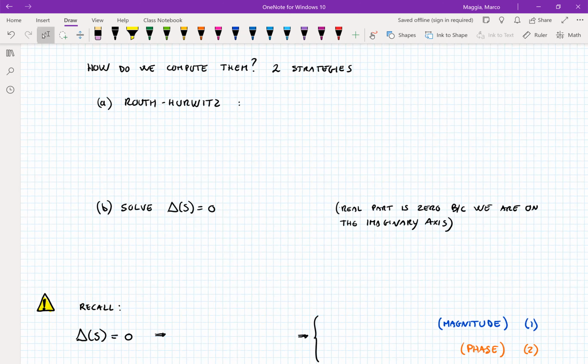We can use what we already know, the Routh-Hurwitz criterion. So using the Routh-Hurwitz criterion, we can find a critical value of k, which we're going to call k star, at which the transition occurs.